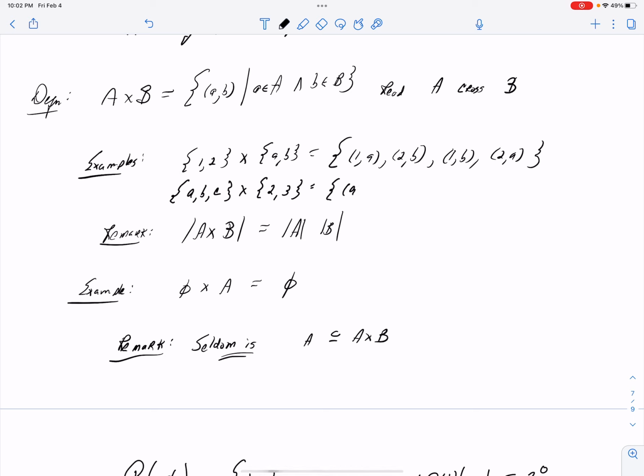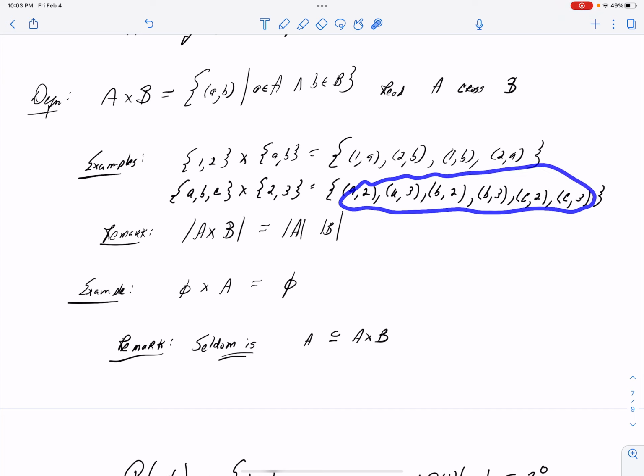Well, I get what? (a, 2), (a, 3), (b, 2), (b, 3), (c, 2), and (c, 3). So you see that if this set has cardinality 3 and this set has cardinality 2, then how many things are in the cross product? 1, 2, 3, 4, 5, 6.